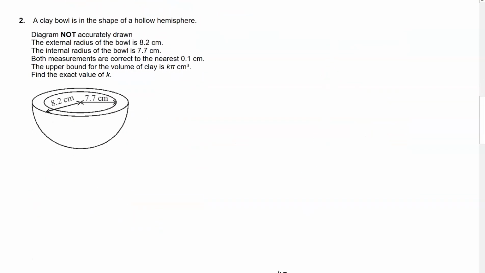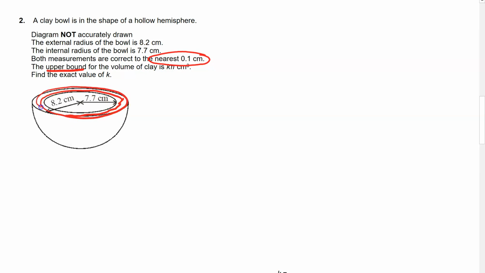Okay, second one. So we've got a clay bowl, 2 hemispheres. Big one goes out to 8.2, small one to 7.7. Nearest 0.1. Find the upper bound for the volume. So this is the volume of clay, not the volume of the bowl.